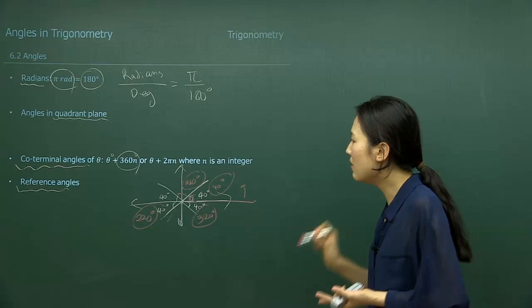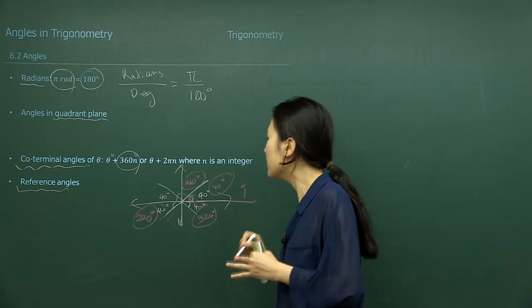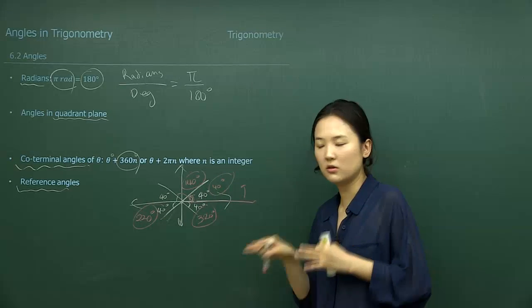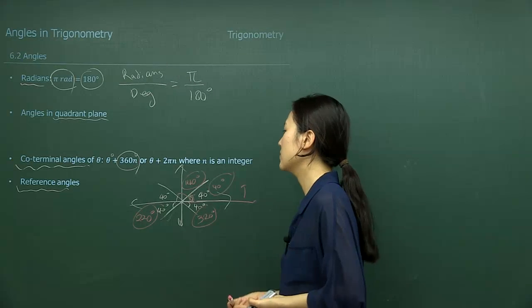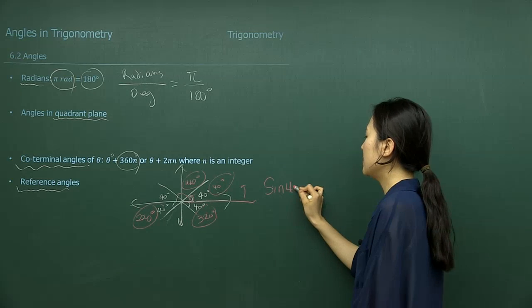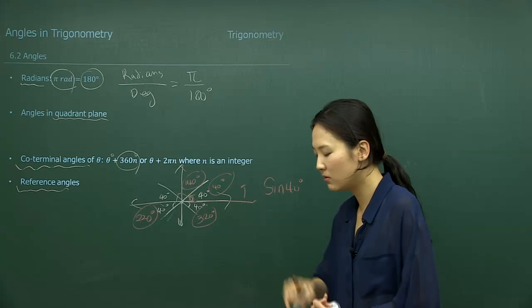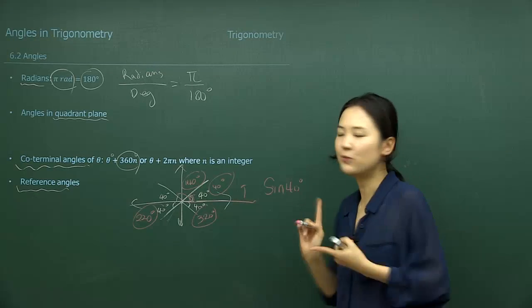However, depending on which of the 3 trigonometric ratios you are using, you have to choose only two as a pair as the reference angles. For example, if you are given sine of 40 degrees and you're looking for a reference angle, it means you're looking for another angle that will give the exact same ratio.